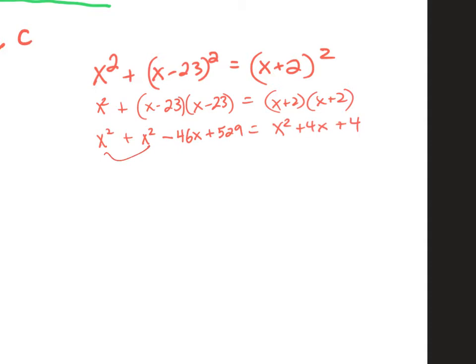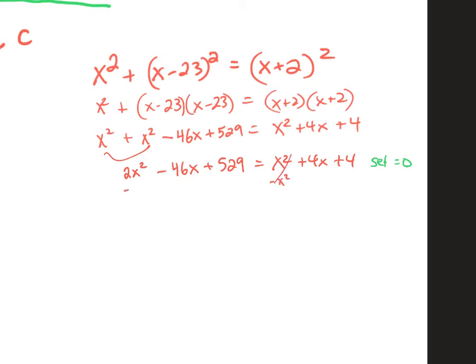Put your like terms together. No like terms on the right. Then you want to set this equal to 0. So that'll probably mean subtracting everything from the right.